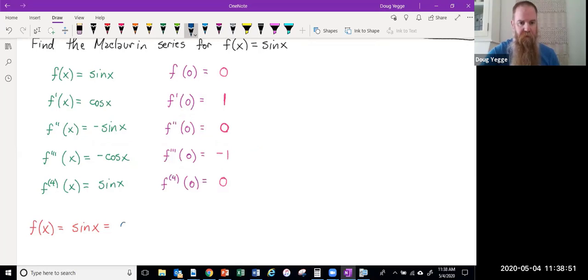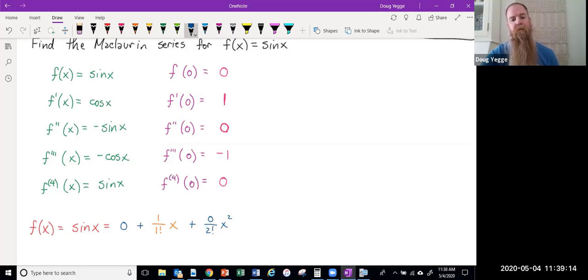So it's just 0 plus, but it does have a linear term. It's 1 over 1 factorial times x. But it doesn't have a quadratic term. It's 0 over 2 factorial times x squared.